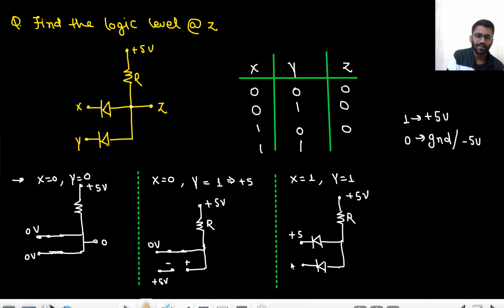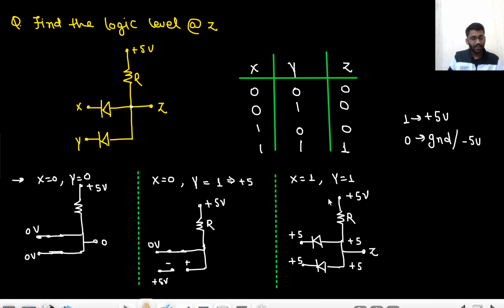This is plus 5, this is plus 5. If you apply the open circuit test, what will happen? Plus 5 will come here, plus 5 will come here. It is having a voltage drop of 0. Now you can't tell if it is on or off. Let's say I say it is on. What will be my Z? If I say diodes are on, what will be my Z? Plus 5. If I say my diodes are off, what will be my Z? Plus 5 only. So basically my Z will be 1 only.